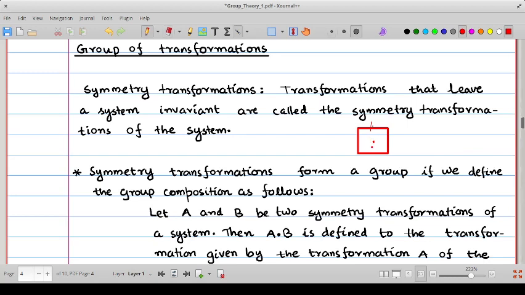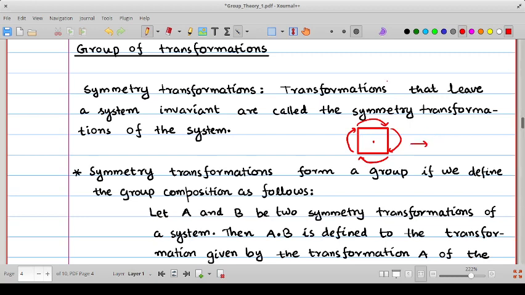Now, rotation about this axis by an angle of pi by 2 will take this corner to this point, this corner to this point, and this corner to this point, and this corner to this point.